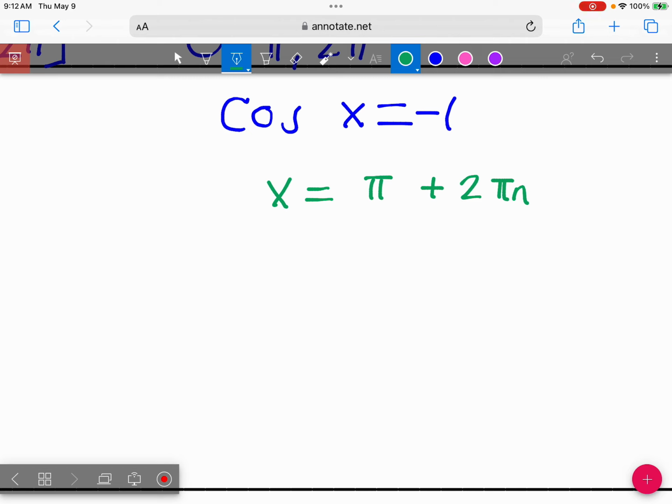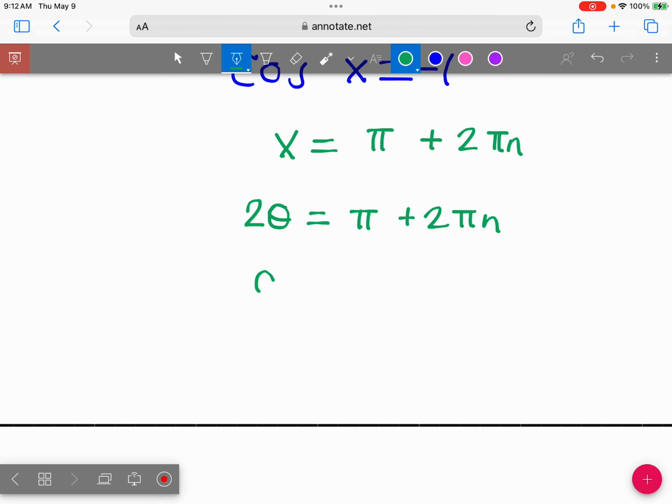We wait until the end to make it fit our period, because 2 theta is what really equals our pi plus 2 pi n. So our theta is going to be pi over 2 plus pi n, because we're dividing everybody by 2.